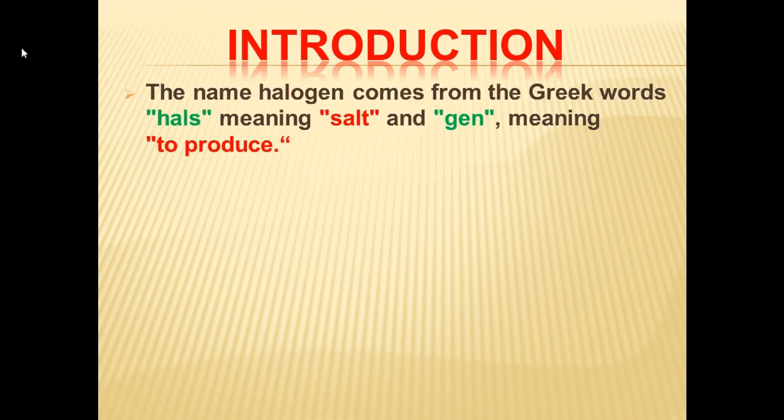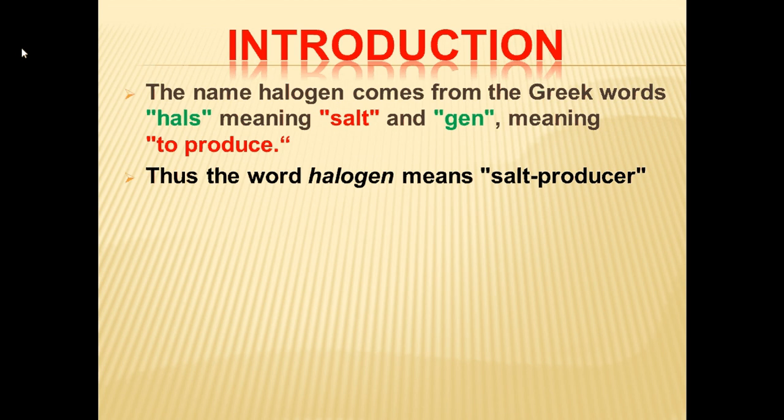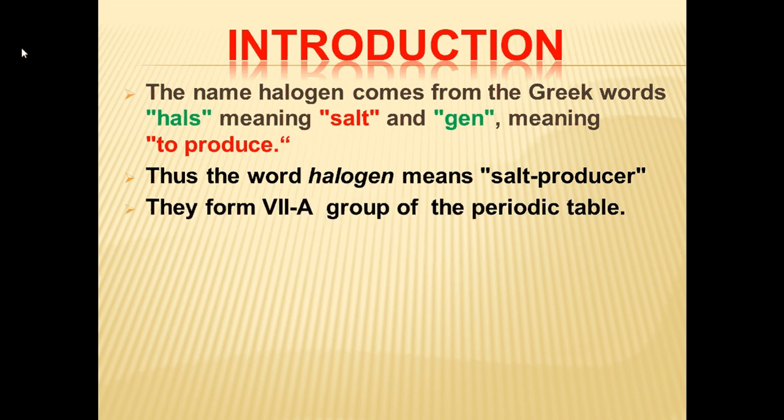The name halogen comes from the Greek words hales, meaning salt, and gen, meaning to produce. Thus the word halogen means salt producer. They form 7th A group of the periodic table.